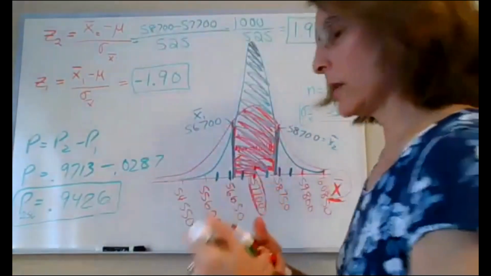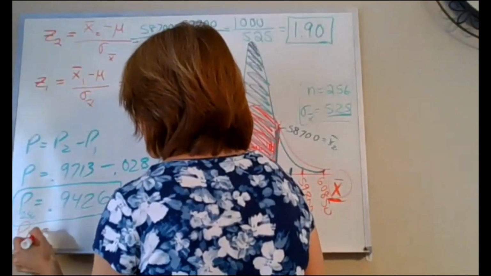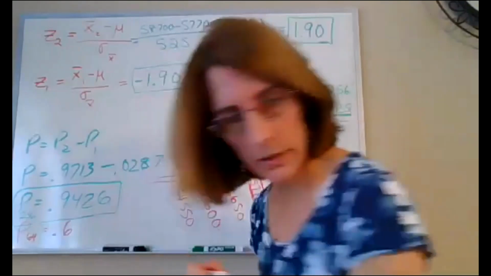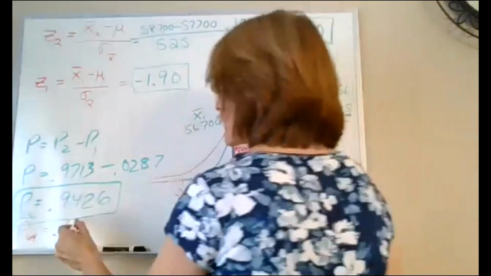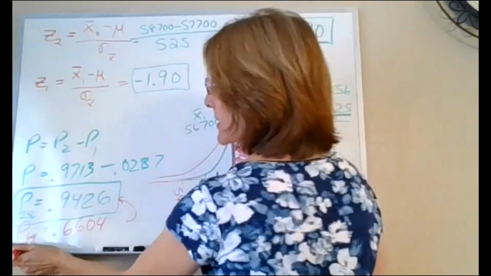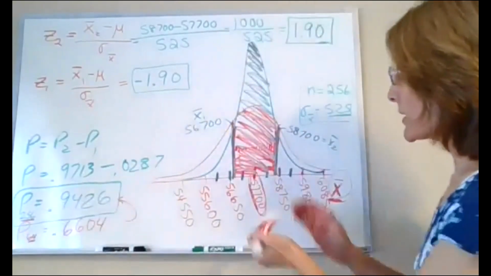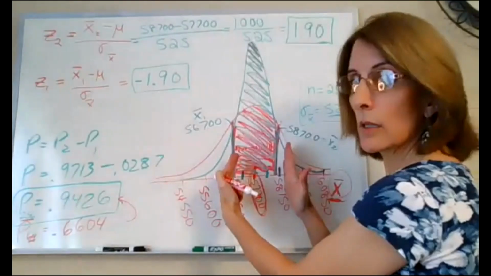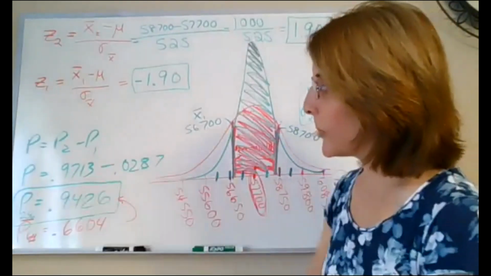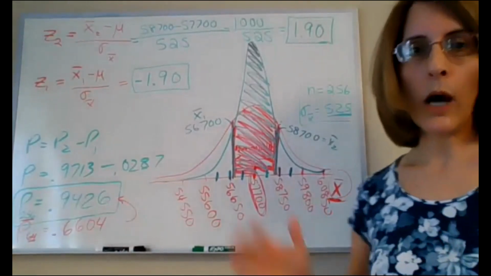The probability when we had a size of 64 was 0.6 something. Where is it? 0.6604. So it went up considerably when we increased from a sample size of 64 to 256. The probability that our X bar was within 1,000 of the mean went up by almost 30%. Why?